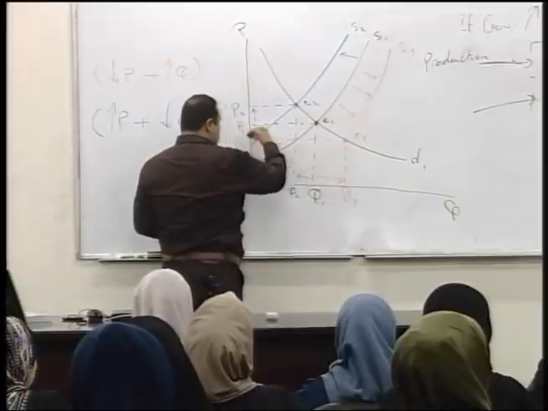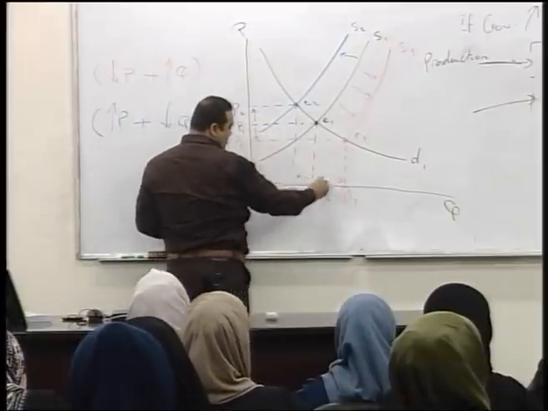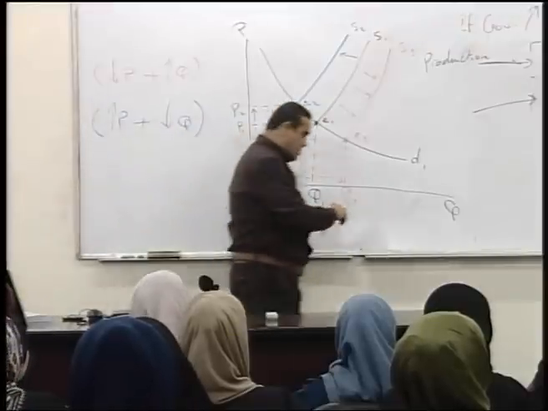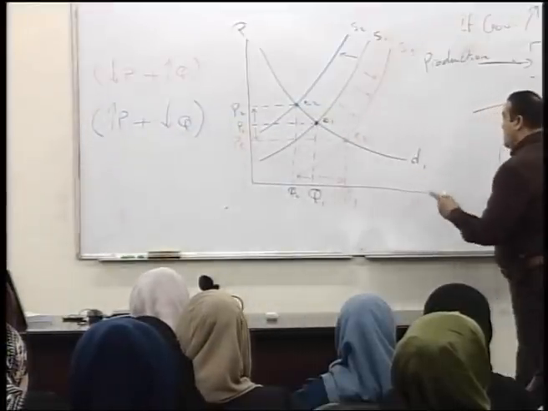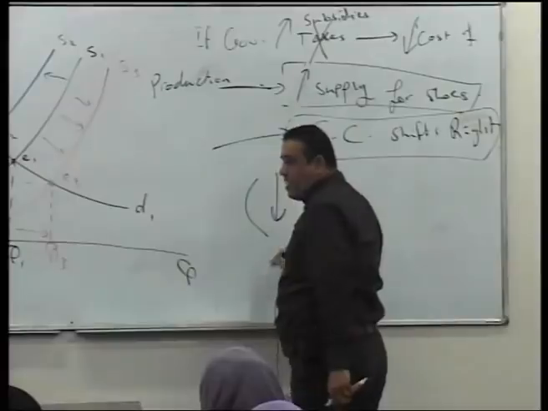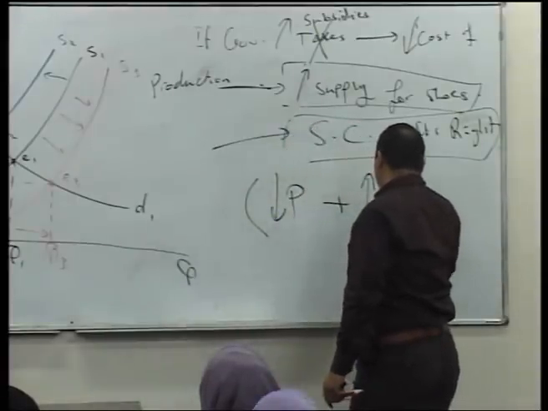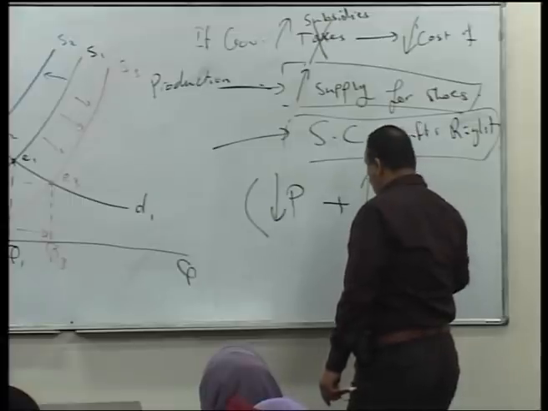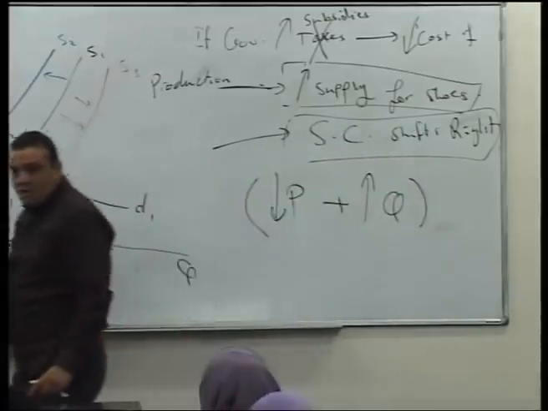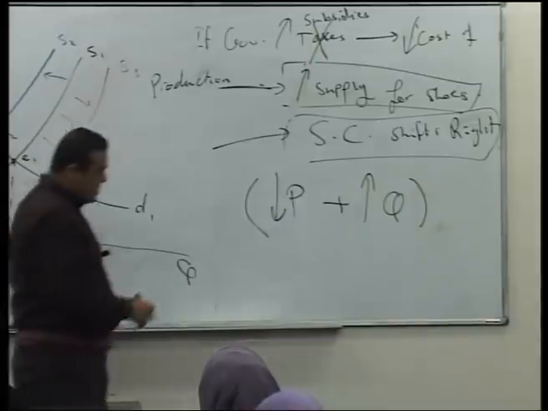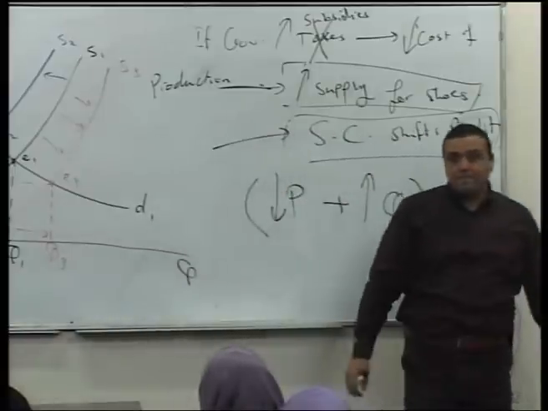Right? So the price goes down and the quantity exchanged goes up. So the result is a decrease in the equilibrium price plus an increase in the equilibrium quantity. Okay? Tamam? Okay. Let's go to something else.